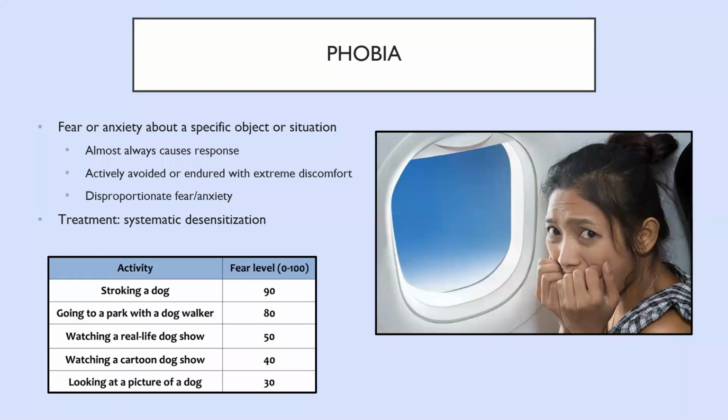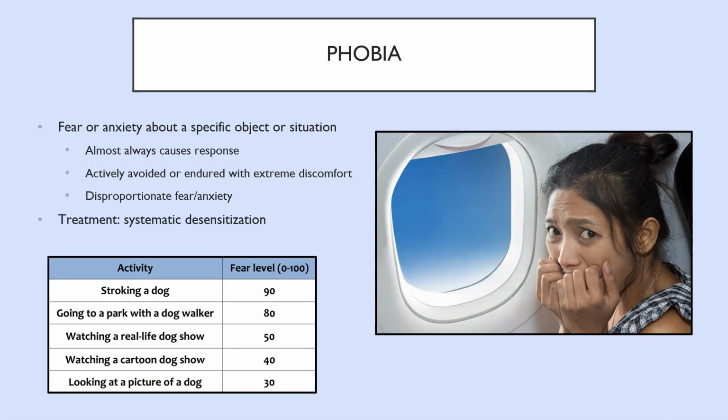First, we're going to talk about phobias, and you have likely heard the word phobia before. A phobia is a fear or anxiety about a very specific object or situation. In my picture here, my example is a woman who has a phobia of flying on airplanes. A phobia always or almost always causes the fear response in the individual.